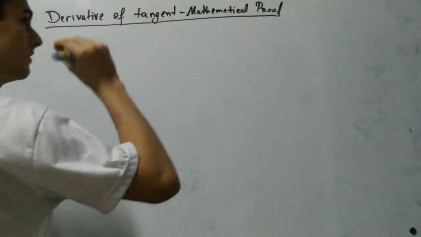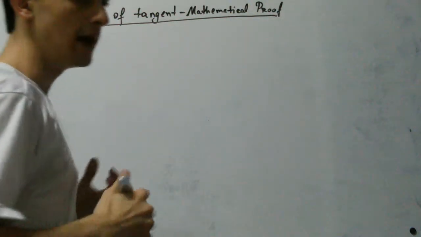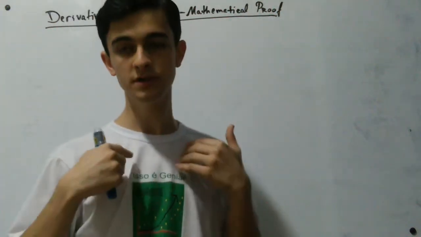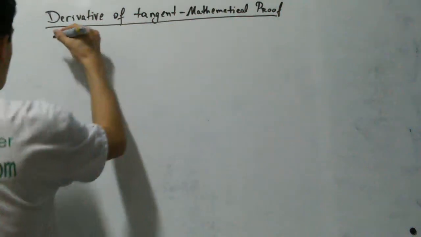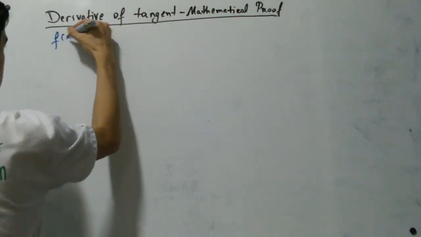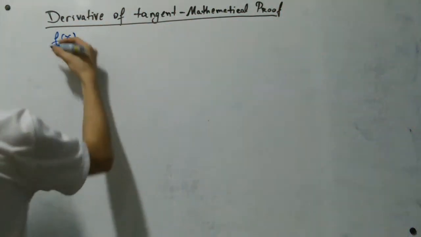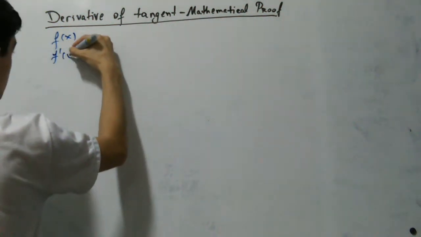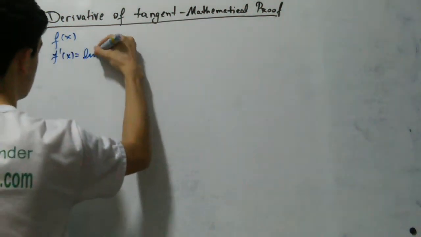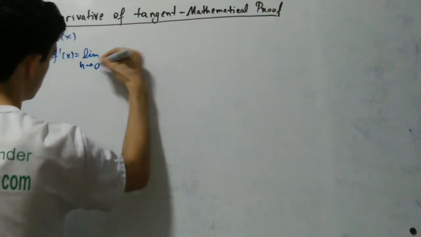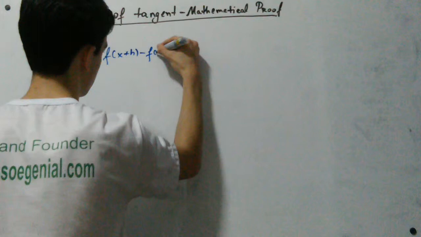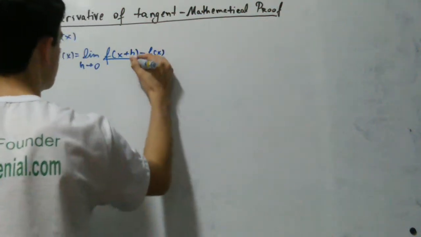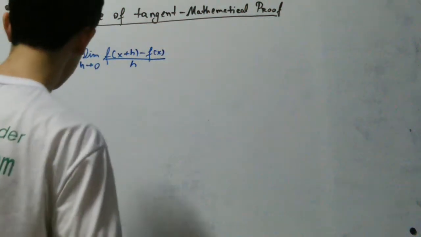We're going to start off in the same way. We're going to start with the limit definition of a derivative. So if we have a function f of x, the derivative of this function, which is f prime of x, is equal to the limit when h approaches 0 of f of x plus h minus f of x, and all of this divided by h.